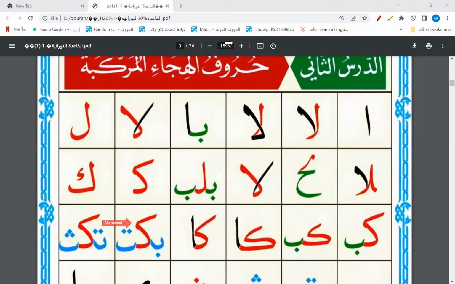Very good. And this one? It's ta. Remember, because ta has 2 dots. All right, so ba, 1 dot down, ta, 2 dots up, then tha, 3 dots up. You got it?